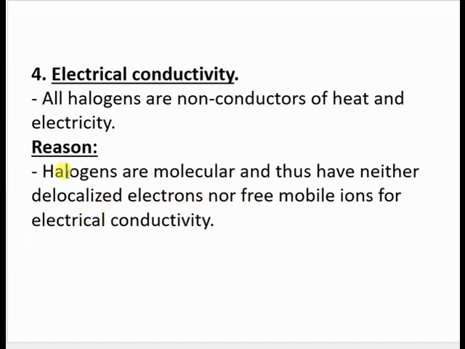Remember, delocalized electrons and mobile ions are responsible for conducting electricity in the solid state and in the aqueous state respectively. Therefore, halogens are molecular and thus have neither delocalized electrons nor free mobile ions for electrical conductivity. They don't conduct electricity.